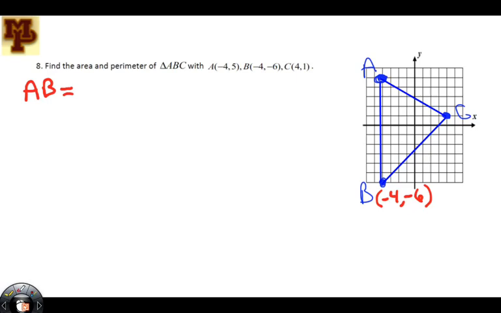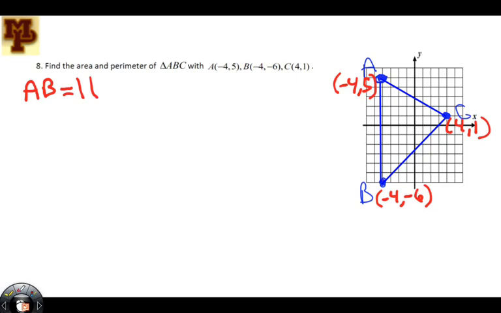So A is negative 4, 5, and then C is 4, 1. Okay, so you can count from here to here. That's 11 units. 1, 2, 3, 4, 5, 6, 7, 8, 9, 10, 11. If you can calculate it, you do 5 minus a negative 6, that's 11.